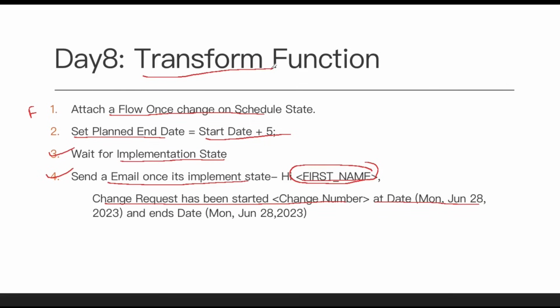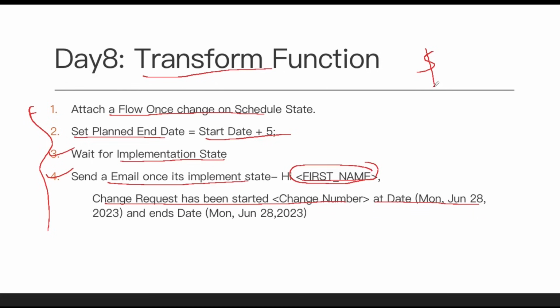What is the transform function, and how can we use it in our flow? That I'm going to discuss right now. With the help of the transform function, we are going to do these things. The transform function is nothing but an inbuilt Flow Designer function that helps us do certain operations without writing any script.